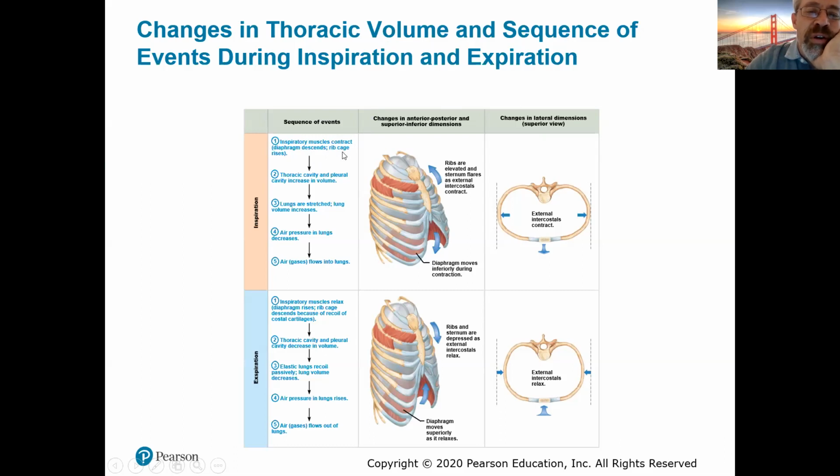The intercostal nerve and the phrenic nerve go to the external intercostal muscles and the diaphragm, causing contraction of the diaphragm and the external intercostals, increasing the volume, ultimately decreasing the pressure, and air flows in.